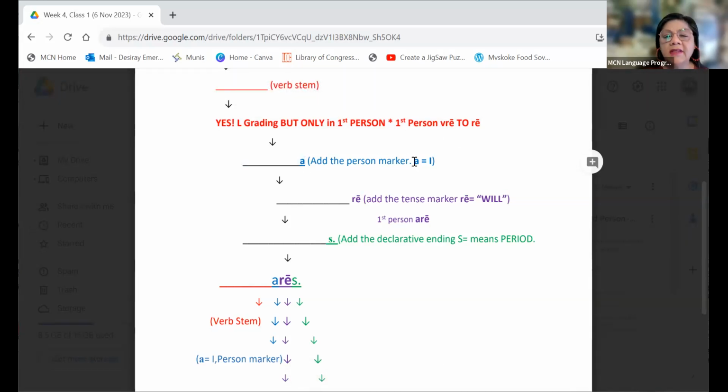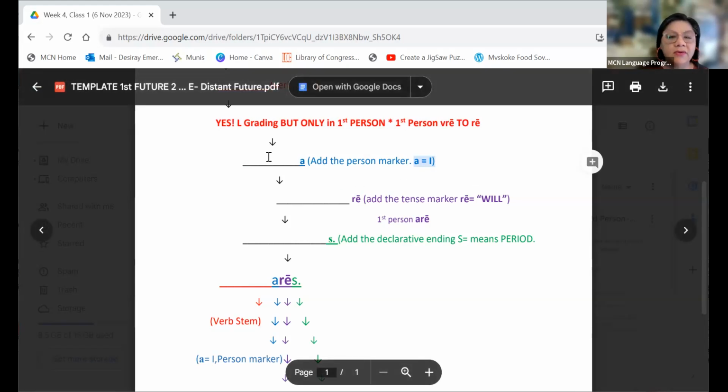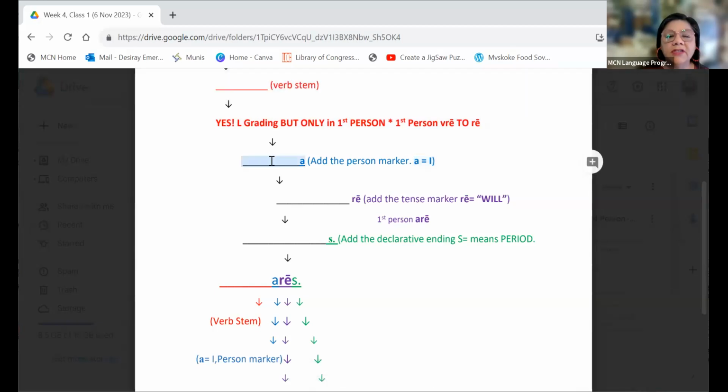So A in this conjugation means I. That's why there's a rule for that one for first person. And then you've got hojeja, and then add the, because you add the.